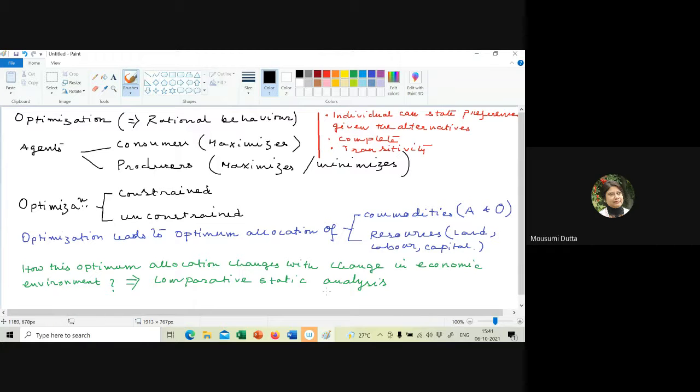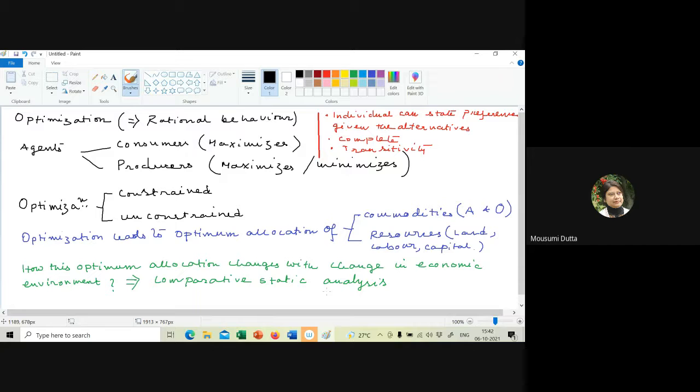The concept of optimization is so important in the context of economics that a number of schools make a kind of equality. They consider rationality equivalent to optimization, or rational behavior is nothing but optimizing my choices, or if it is a producer, optimizing their behavior.